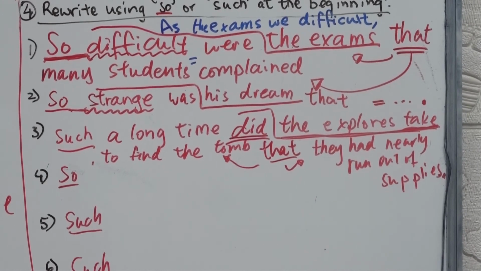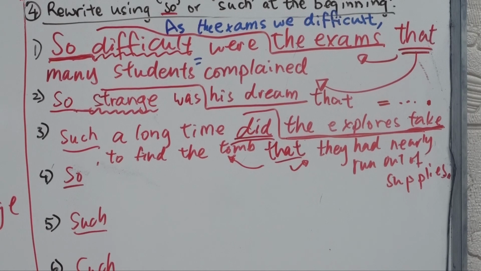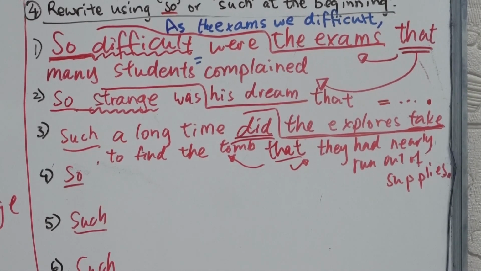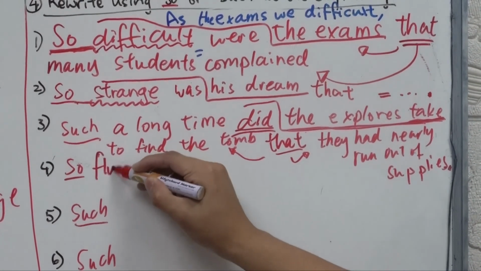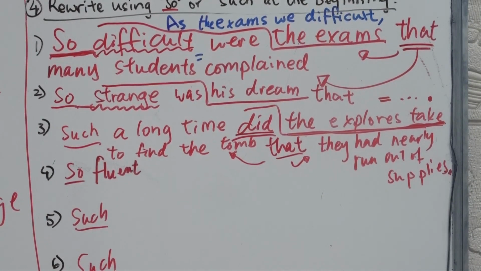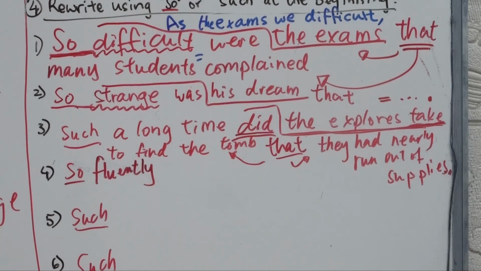Okay, number 4, so, right? Many people think she's English because she speaks the language so fluently. So we already have the structure there, so fluently, so we just copy it, right? So fluent. Fluently is the adverb, so we have to change it into, oh, actually no. Let me see. She speaks the language so fluently. Okay, so we can keep it, right? So fluently, she speaks the language.